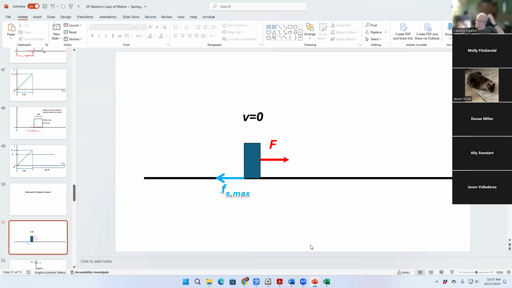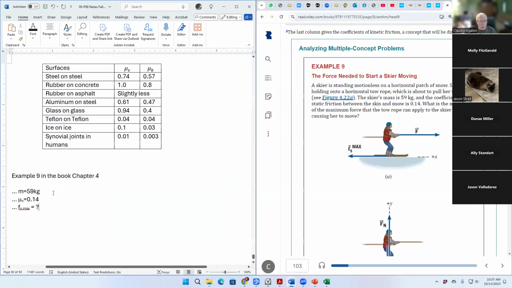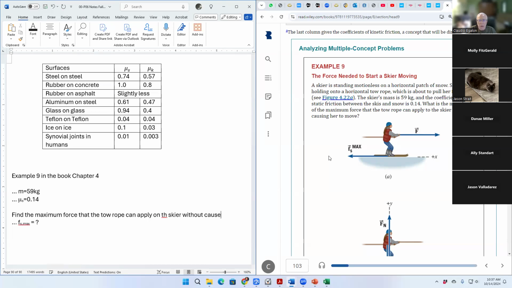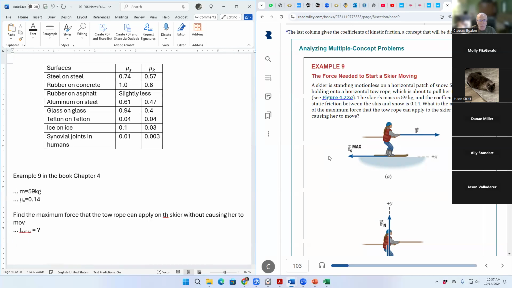Okay, that's the problem he wants you to solve. He's asking you for this F here, and you find this F by finding this force here. So instead of putting F max, find the maximum force that the tow rope can apply on the skier without causing her to move.